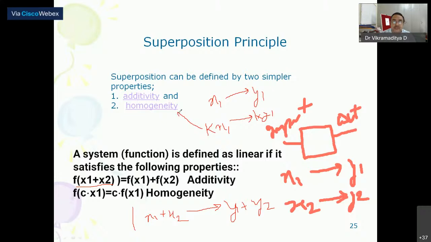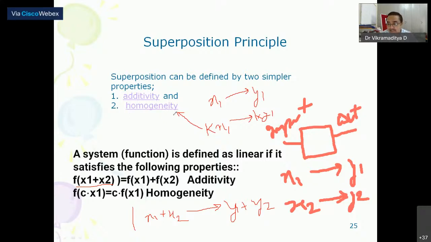Numerically, suppose I have applied 10 volts to a resistor and am getting 5 ampere current. Now I increase the voltage 2 times, that is, I apply 20 volts and get a current equal to 10 ampere, which is 2 times the previous current, then I say that my resistor is obeying the principle of homogeneity.